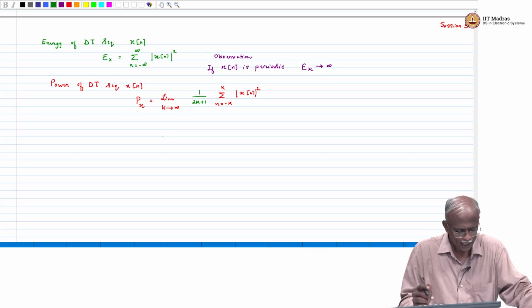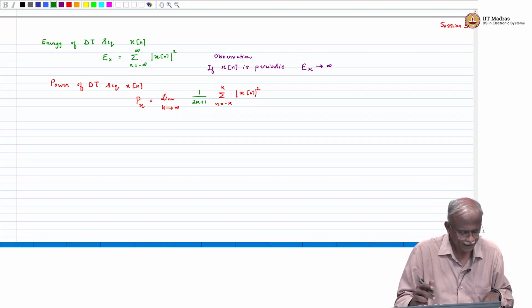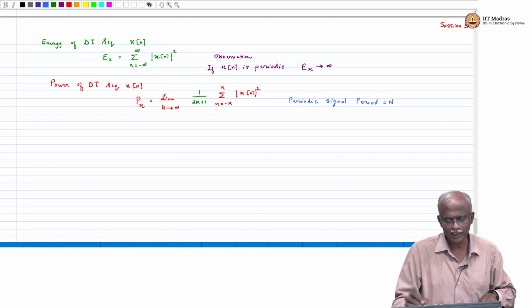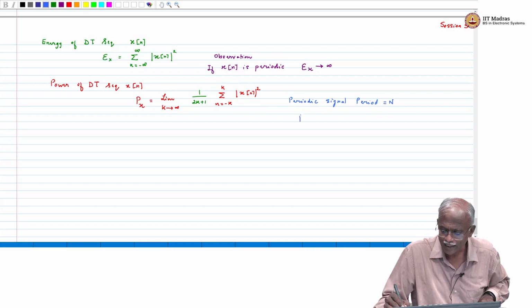Particularly, if you are dealing with periodic signals with period equal to N, then we do not need to look at this expression. We have a good way of describing it.